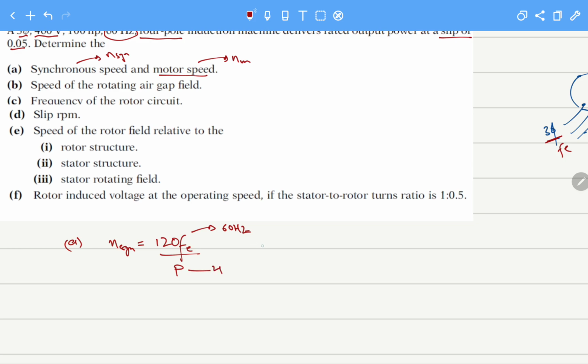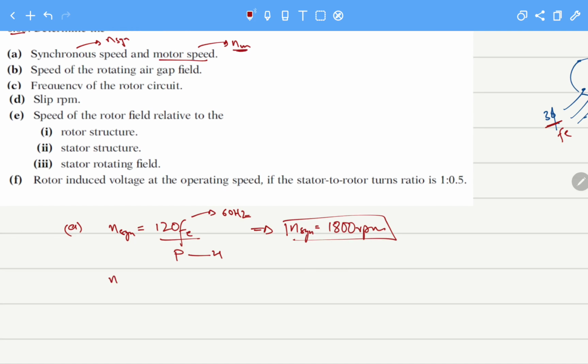So the synchronous speed becomes 1800 RPM. The second part of part A is to calculate the mechanical speed. The formula is 1 minus s, times n synchronous. The slip is 0.05 and the synchronous speed is 1800 RPM, so the mechanical speed of the machine becomes 1710 RPM.